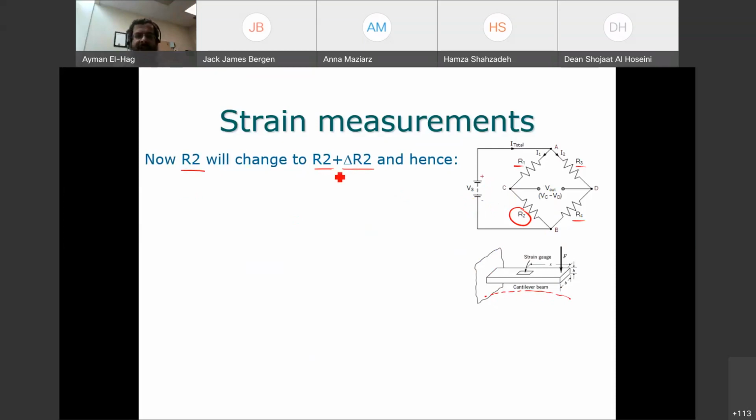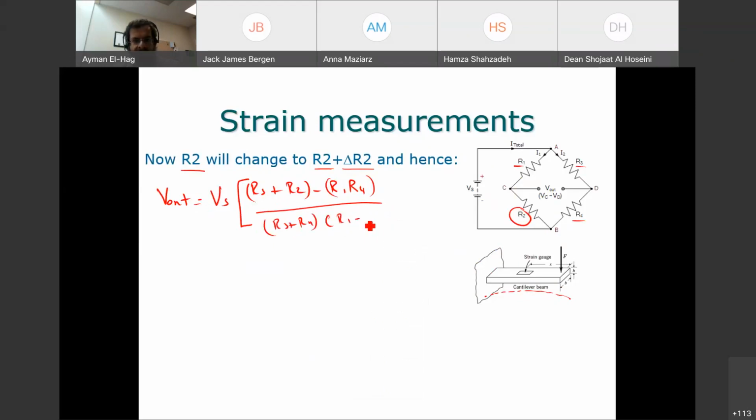If we have this change in delta R, so your V out, it's just random. Exactly. V out is equal to Vs times (R3 plus R2) minus R1 times R4, divided by, this is the formula, (R3 plus R4) times (R1 plus R2).